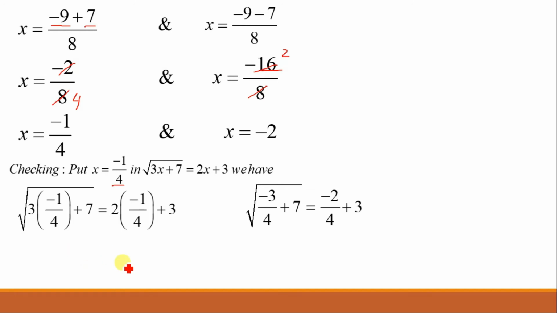-1/4 into 3 results in -3/4, and -1/4 into 2 results in -2/4 or -1/2.